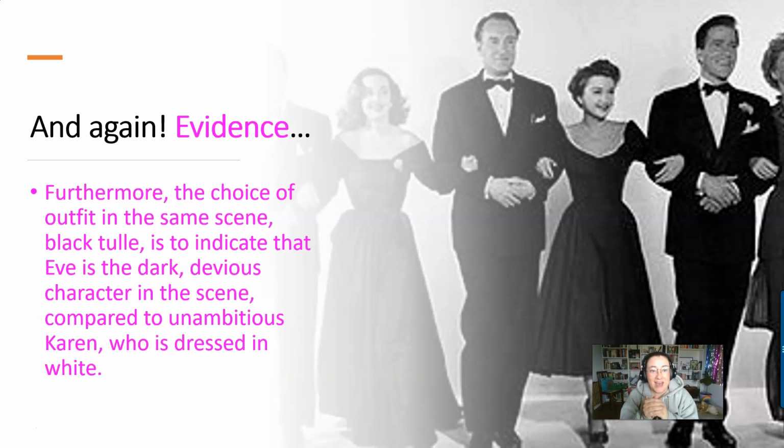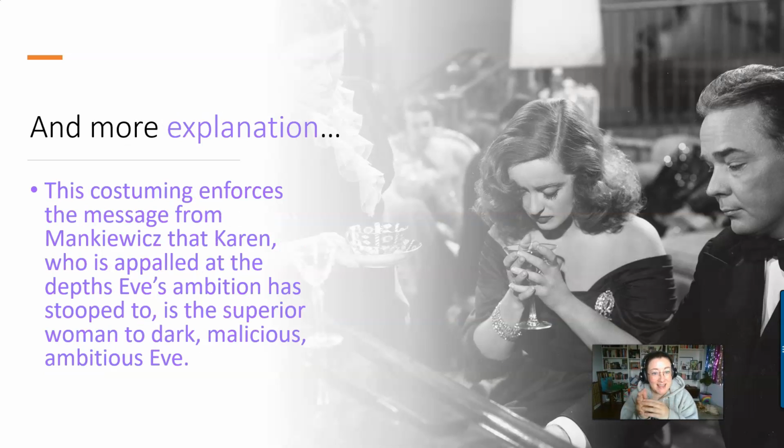Furthermore, the choice of outfit in the same scene, so I'm talking about the scene that I just discussed earlier, the choice of the outfit in the same scene, black tulle is a type of fabric, is to indicate that Eve is the dark, devious character in the scene compared to the unambitious Karen who is dressed in white. And then I explain that.